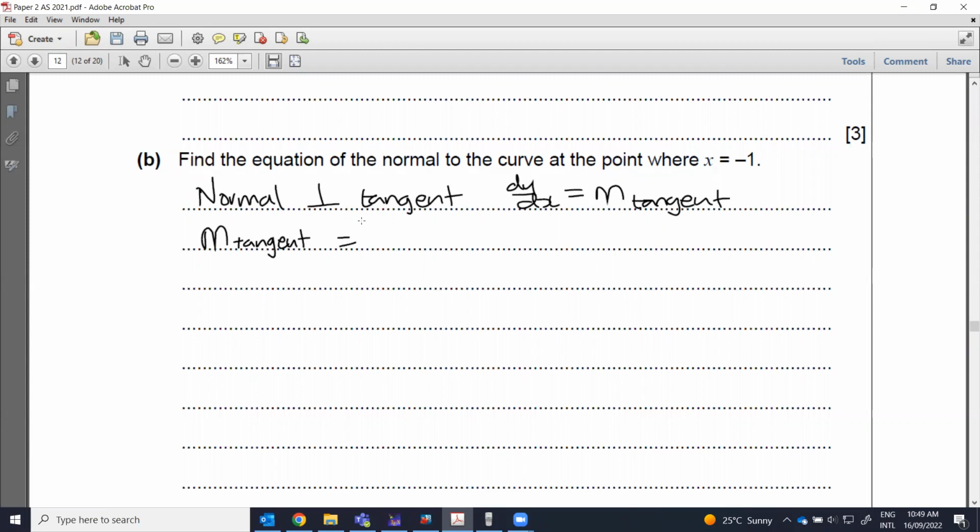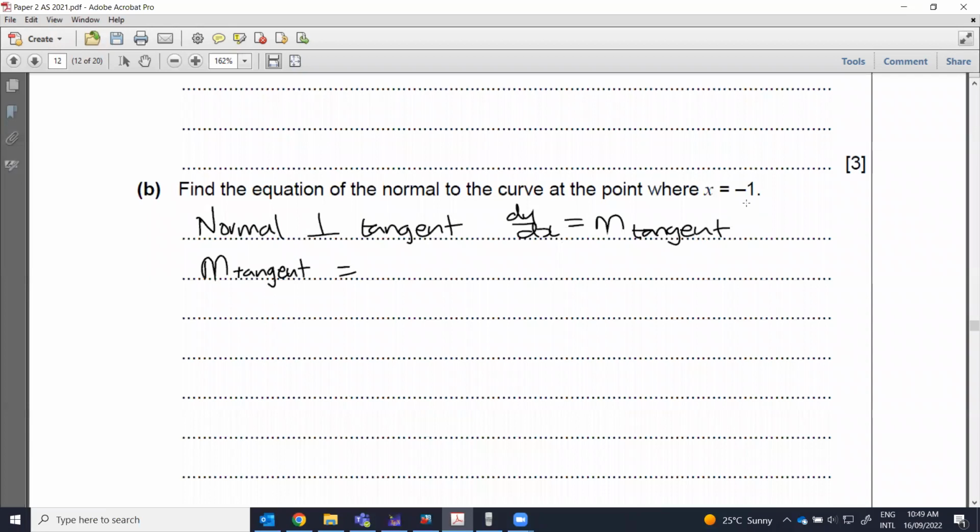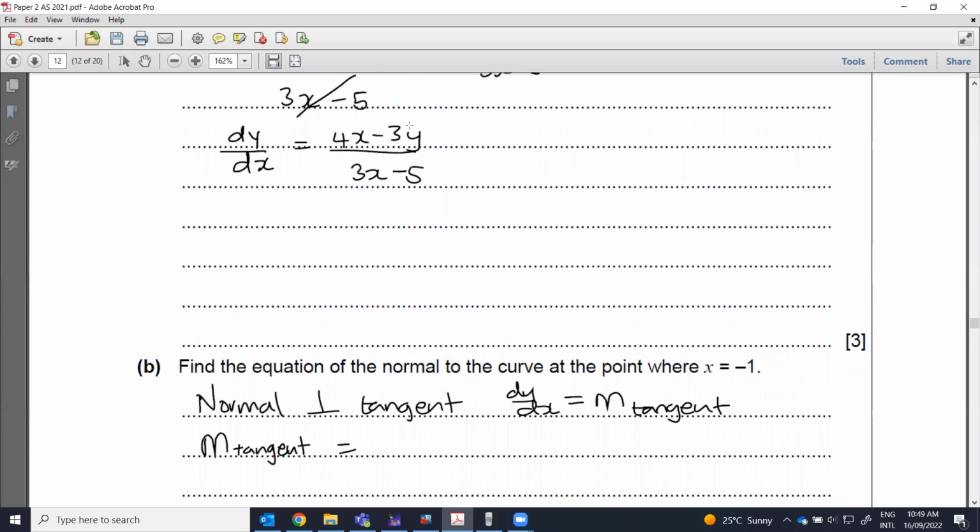And I do this by substituting x is equal to -1 into the formula for dy/dx. So this is my dy/dx, and I'm going to substitute x is equal to -1. So this gives me 4 times -1 minus 3 times y. I need the y value.